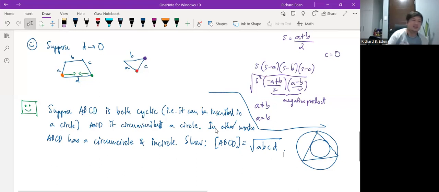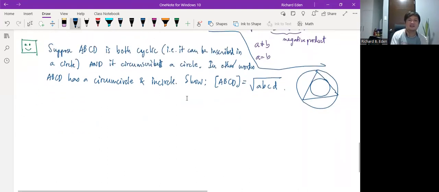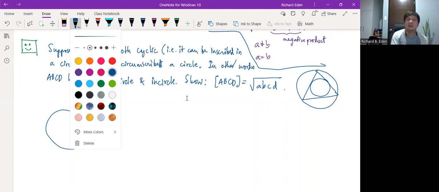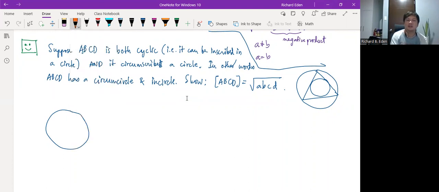Okay. Ito, maybe bigyan kita ng hint. Start tayo sa circle. Is there anything with ellipses? Sort of. Ellipses, the circumcenter as a circumellipse and in ellipse.